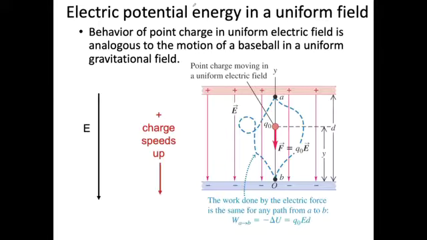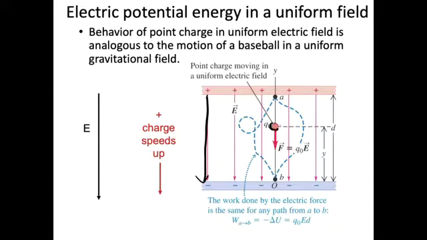Now we can compare to the gravitational potential energy case where you have a ball dropping. Now we create a uniform electric field. It looks very similar to a gravitational field now. So the electric field is pointing down, and the magnitude is everywhere the same.